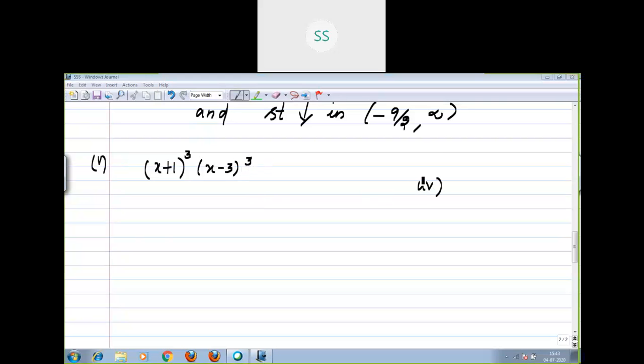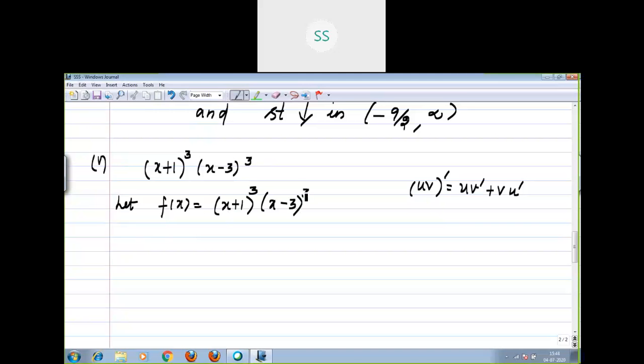(uv) dash equal to u v dash plus v u dash. You see here, first let f of x equal to x plus 1 the whole power 3 into x minus 3 the whole power 3.